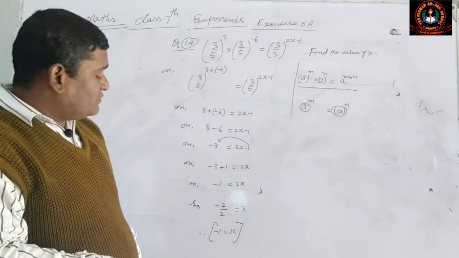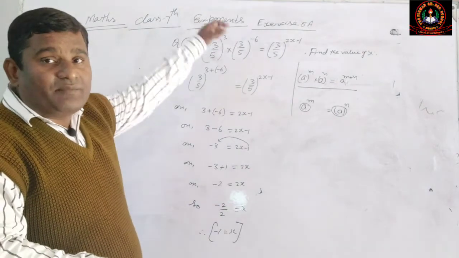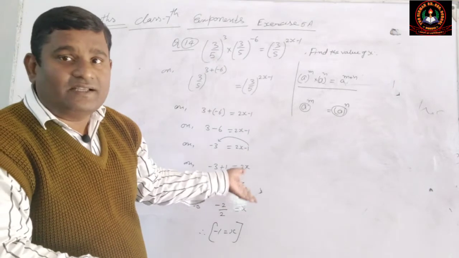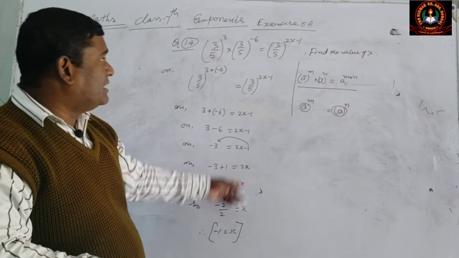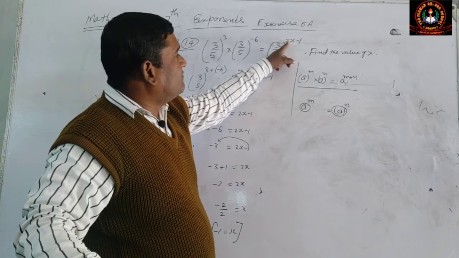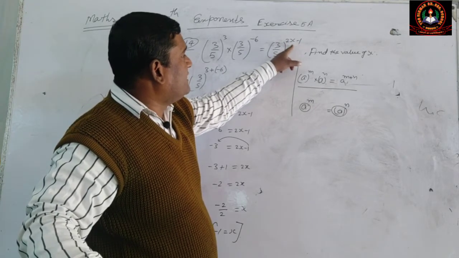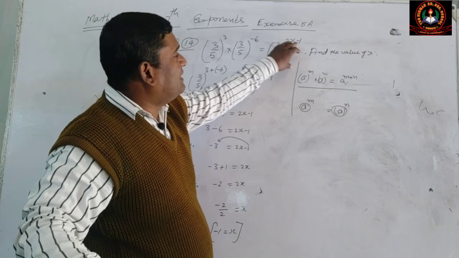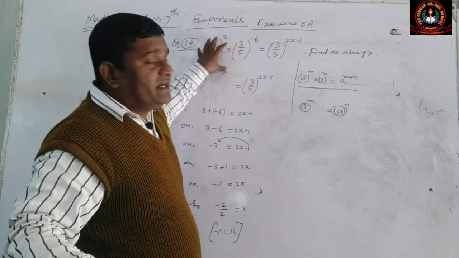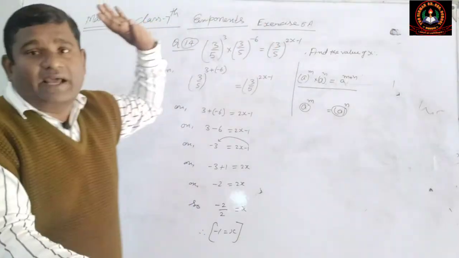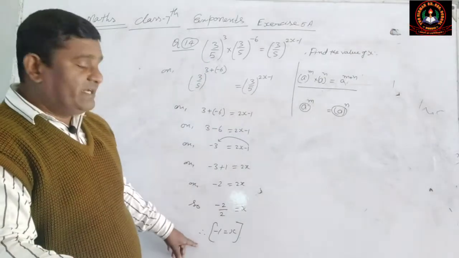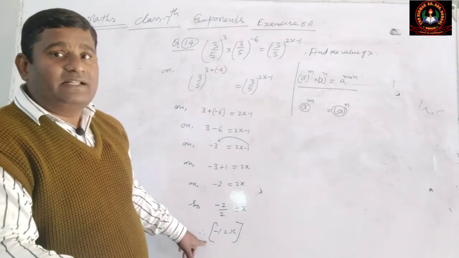If we want to verify this, if you want to check whether this solution is right or wrong, put the value of x here. The value of x is -1, 2 into -1 is -2 and -1 gives -3. It means (3/5) whole power -3, and here 3 - 6 is -3. It means the value of x which is unknown in this equation is -1, and that is the answer.